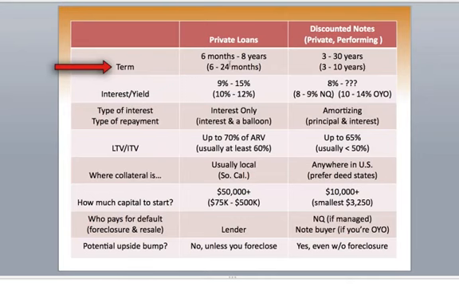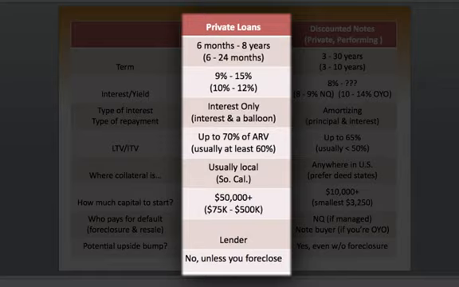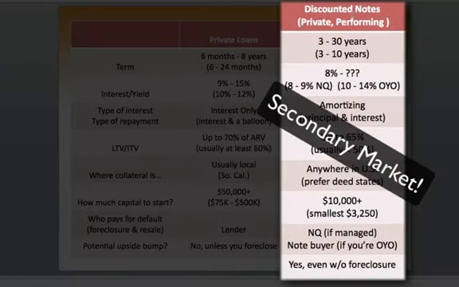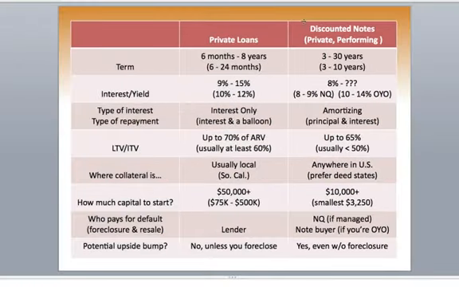Term for private loans, if you're investing in loans, you just want to be a private lender and you're originating. Remember, with loans, this is the primary mortgage market because you're originating the paper, right? Discounted notes is the secondary market because you're buying paper that was created before you got into the picture.